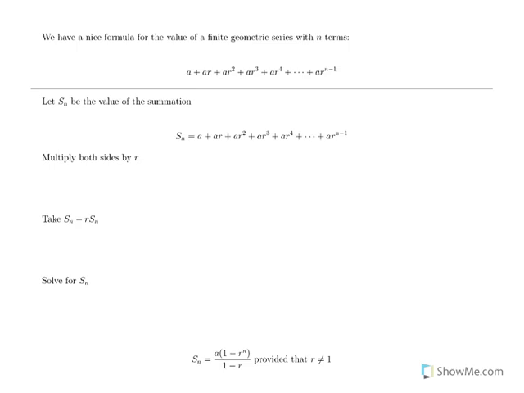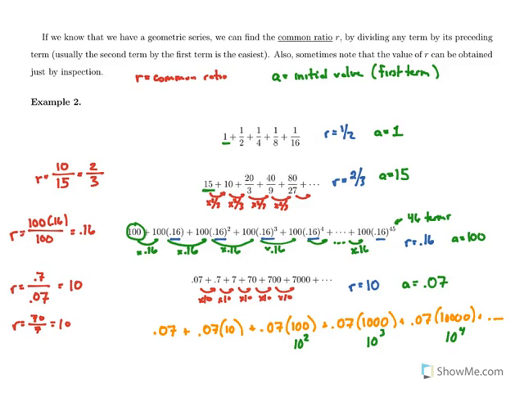So if we have a finite geometric series with n terms, note that if you have n terms, you're going to be going to a times r to the n minus 1. This is what we did on the previous page. I'm going to go back a second. Take a look at this formula. We have our a value times r to different powers. And that's what we had here, right?